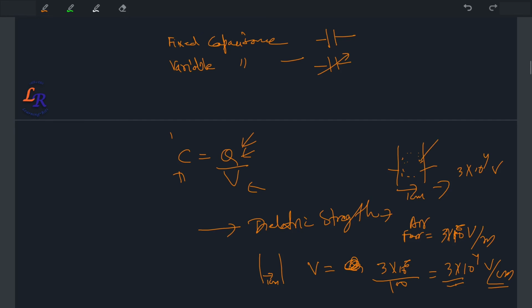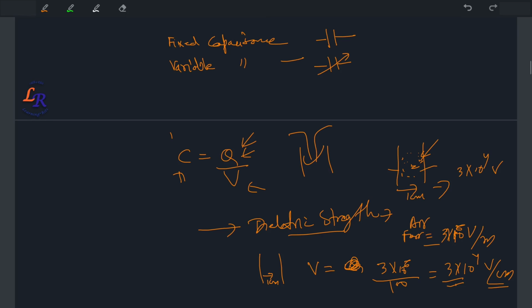So the capacitance would decrease, and in other words you can say that the capacitor would leak due to the reduction in the insulating power of the dielectric. So this is another important point about the importance of the dielectric, and of course depending upon the dielectric you use between the plates, the capacitance is going to vary and its strength is going to vary.